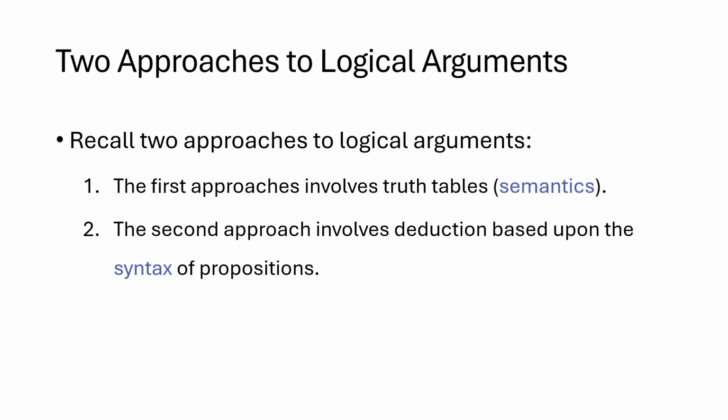So 2 times 2 times 2 times 2, that's 16 possible cases, which means that your truth table will have 16 rows. Similarly, if you have 5 variables, then your truth table will end up with 32 rows, and with 6 variables, 64 rows. And in general, if you have n variables, your truth table will have 2 to the n rows. So the size of your truth table grows exponentially as the number of variables grows.